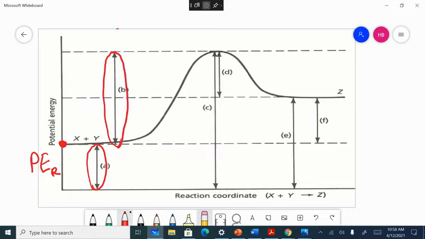This is called the activation energy of the forward reaction. And C right here is the energy of the transition state. So that's the highest energy position that this reaction will have.